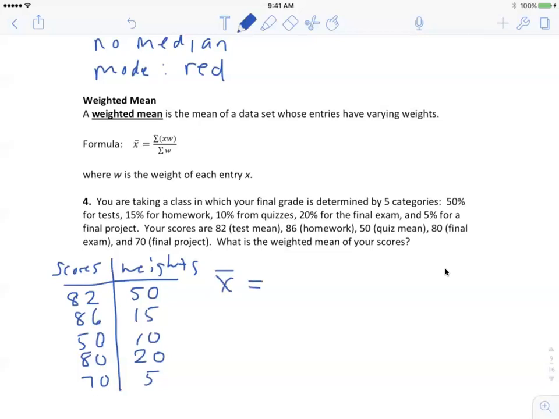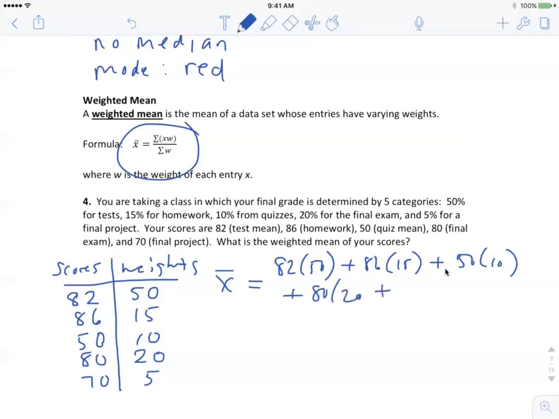The idea for this formula, if we break it down, the top is X times W and sum them up. So multiply the pairs together and then add them all up. So I'm doing 82 times 50 plus 86 times 15 plus 50 times 10, plus 80 times 20 plus 70 times 5.